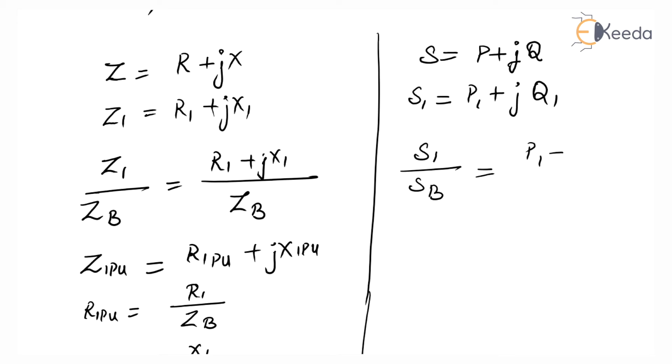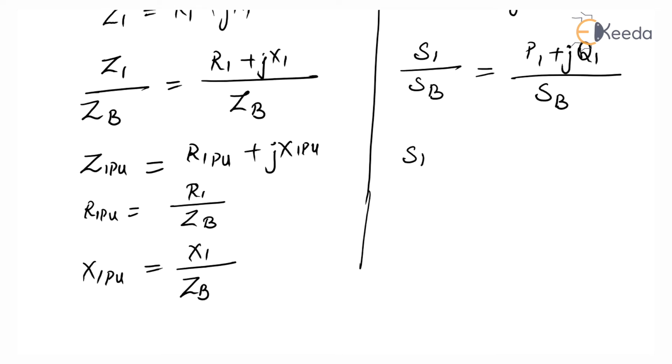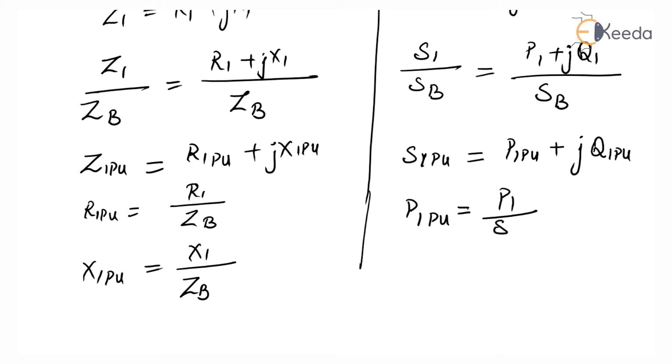This is equal to P1 plus jQ1 upon S base, or S1 per unit is equal to P1 per unit plus jQ1 per unit, where P1 per unit is equal to P1 upon S base, and Q1 per unit is equal to Q1 upon S base.